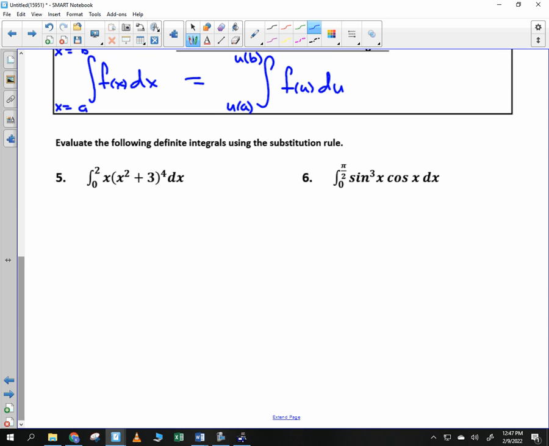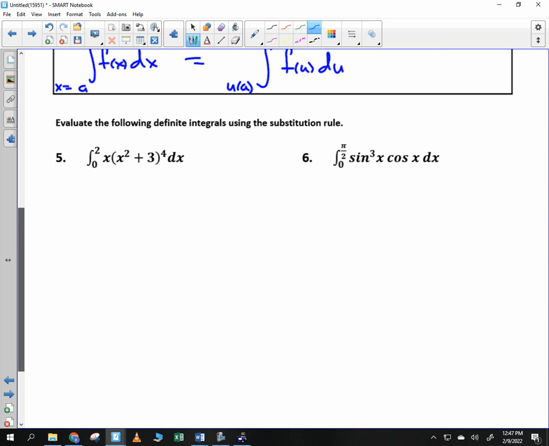So here's what we want to determine: the integral from 0 to 2 of x times (x squared plus 3) raised to the 4th power dx. If I want to take an antiderivative of that, I'm going to want to determine u. What is u? Yeah, x squared plus 3. And what is du? 2x dx.